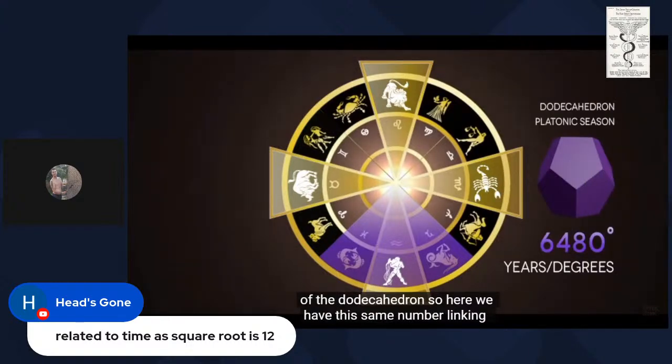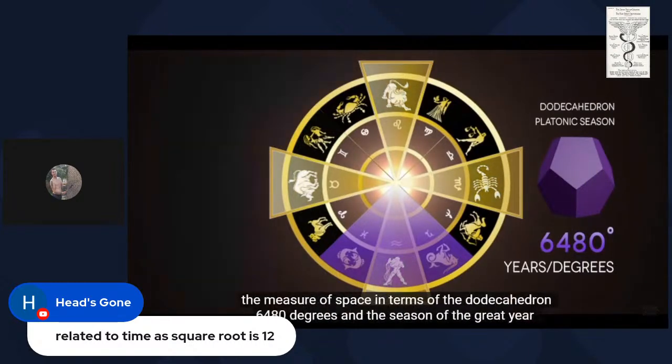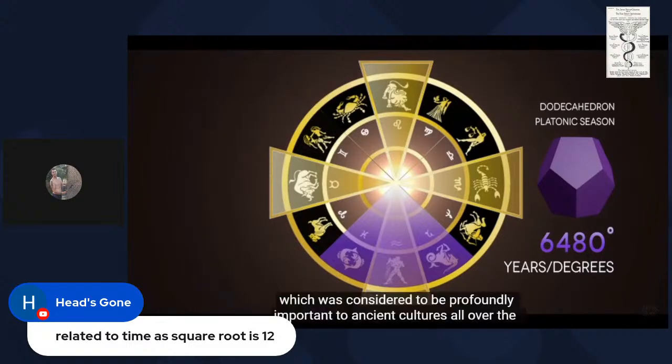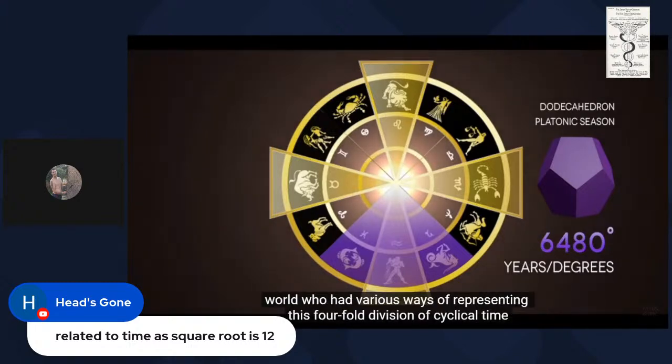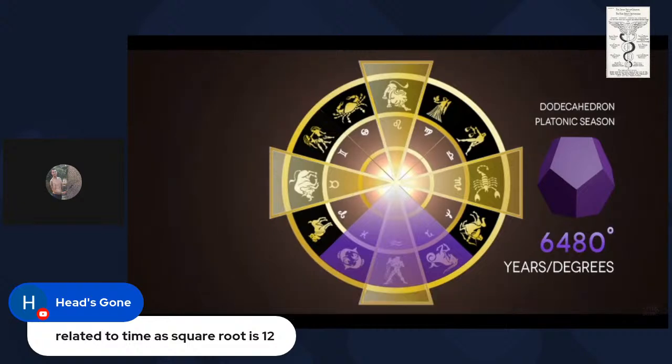So here we have this same number linking the measure of space in terms of the dodecahedron, 6,480 degrees, and the season of the great year, which was considered to be profoundly important to ancient cultures all over the world, who had various ways of representing this fourfold division of cyclical time.